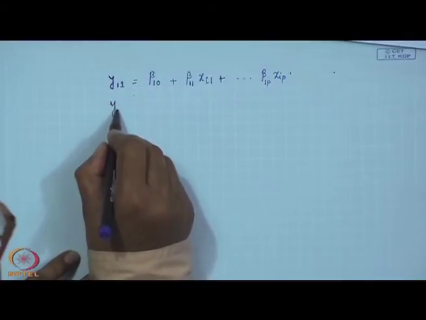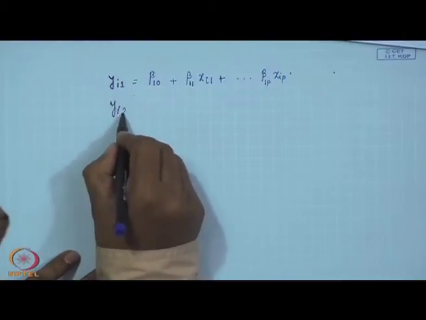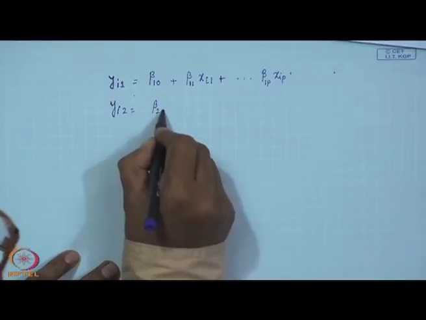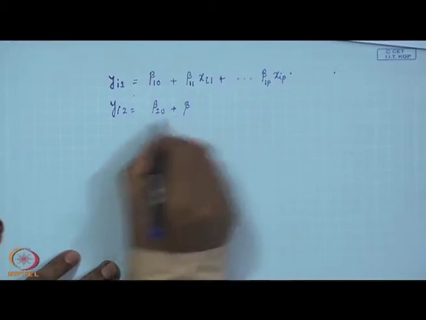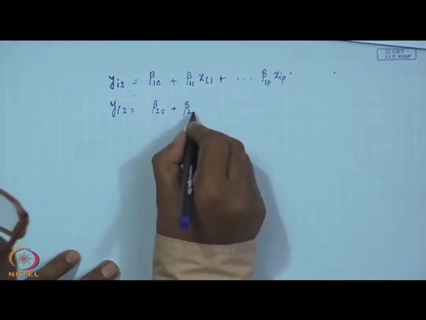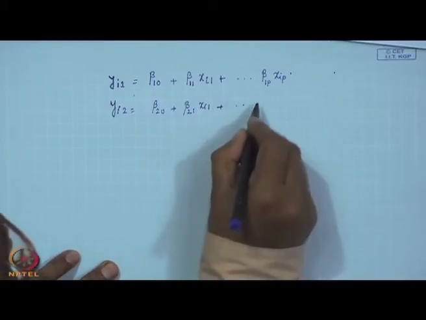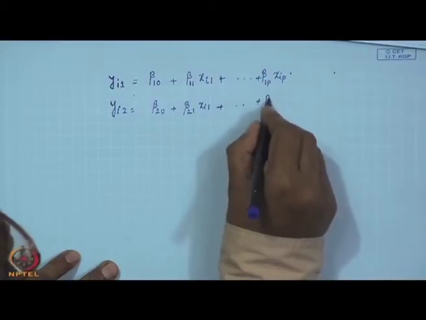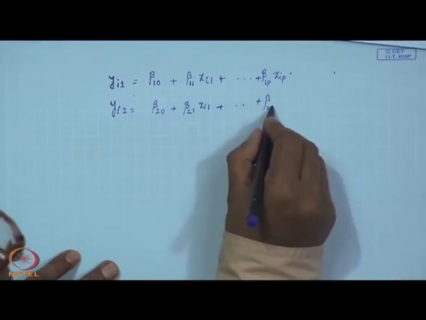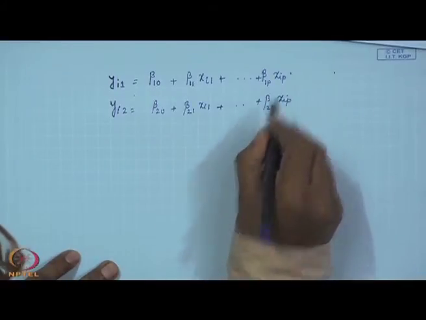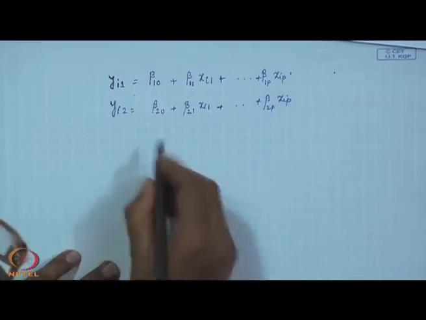Similarly, you will be getting for y i2: beta 2 0, beta 2 1 x i1, like this beta 2 p x i p, correct.